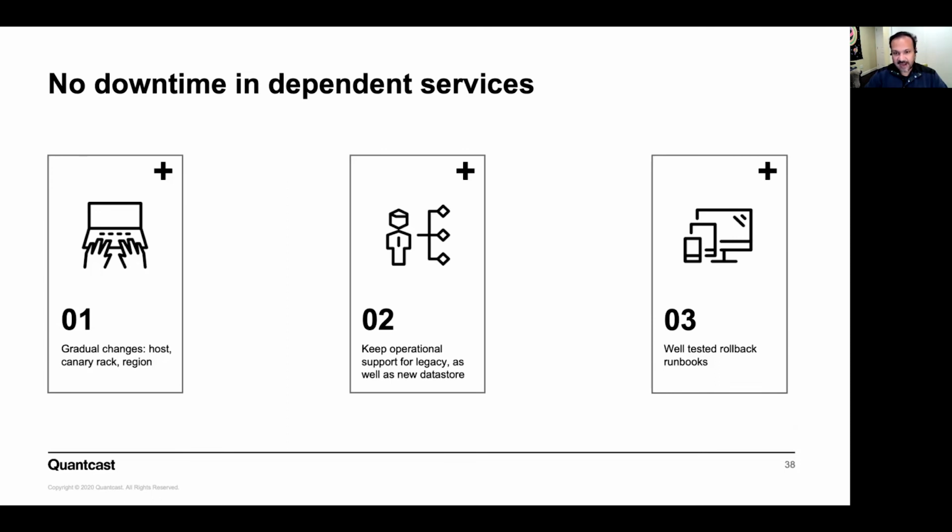Since we had a good set of metrics to monitor the performance, if we saw any regression, we would roll back the change. Doing this gradual release definitely helped us reduce the blast radius from any bad deployment. We kept support for our Keebler system while also providing on-call support to Aerospike.